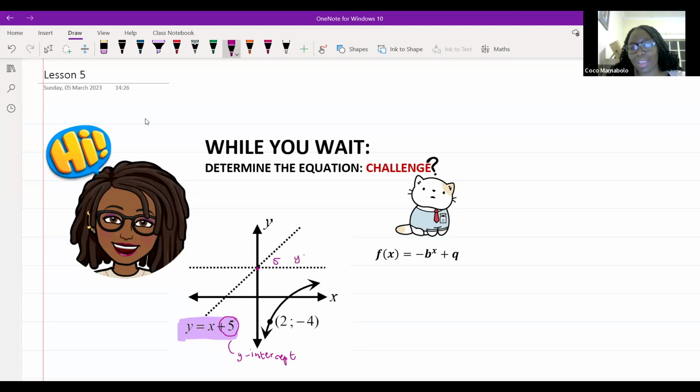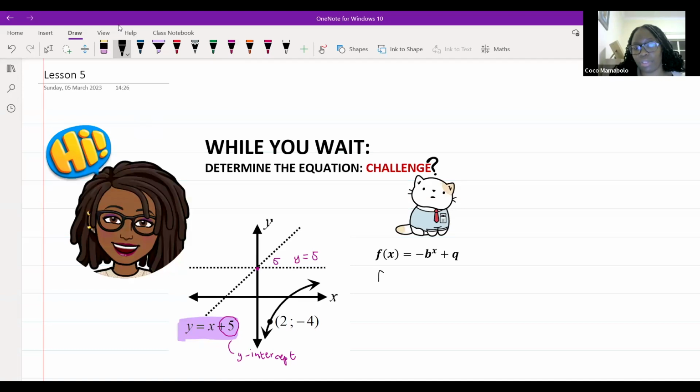It's at y is equal to positive 5. All right. So that tells us a lot about the Q value. I hope everybody's understanding where the Q value is going. That means Q is going to be positive 5.